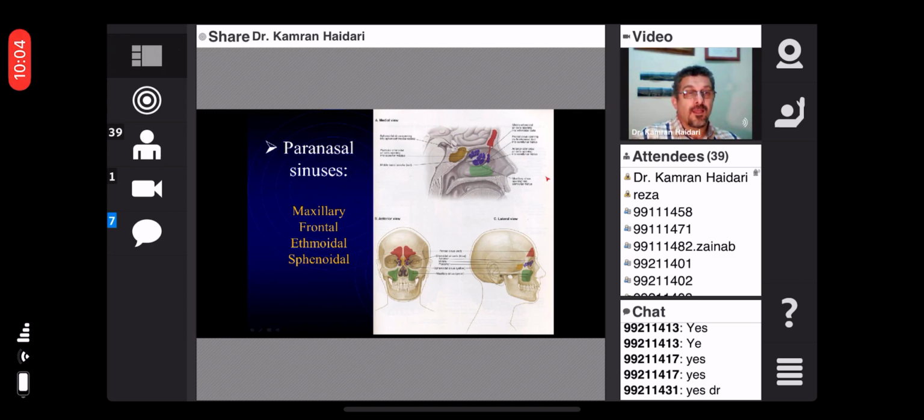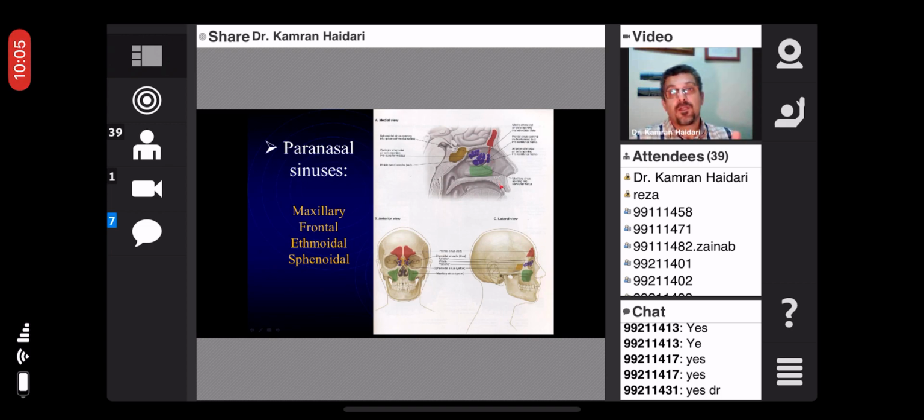And the next one are ethmoidal air cells. Ethmoidal air cells consist of three groups: anterior, middle, and posterior air cells.